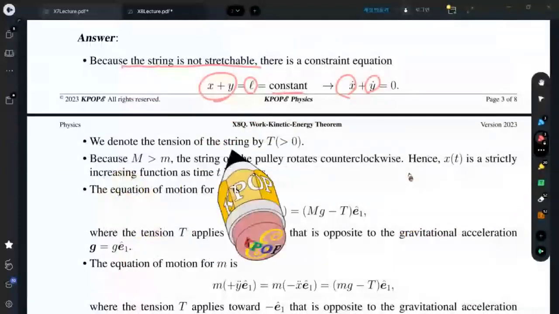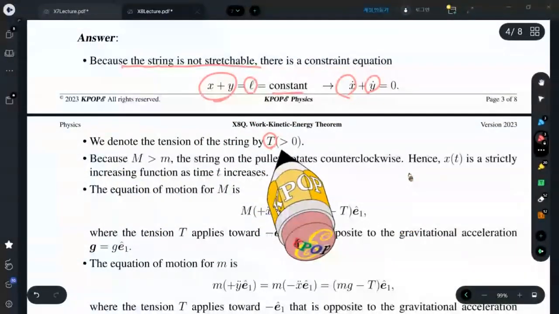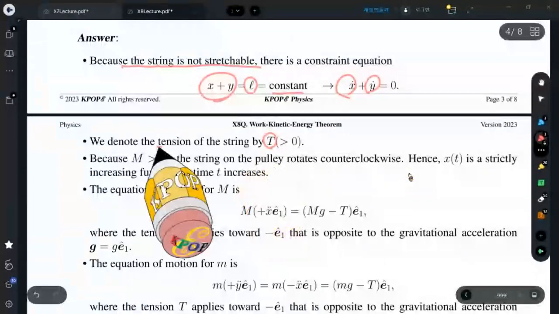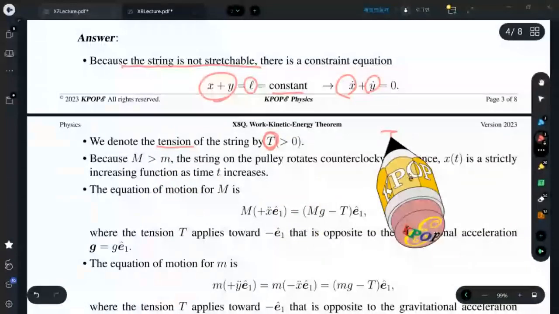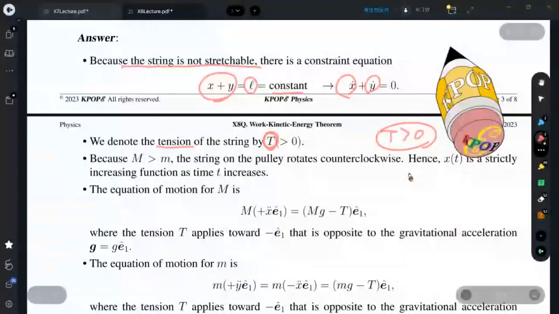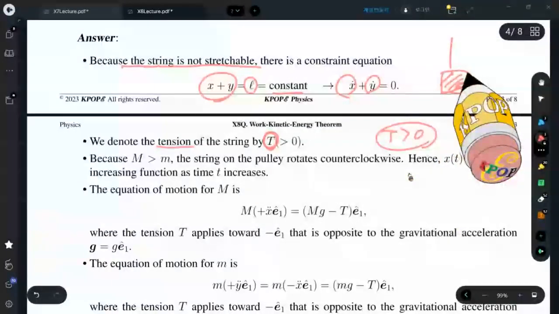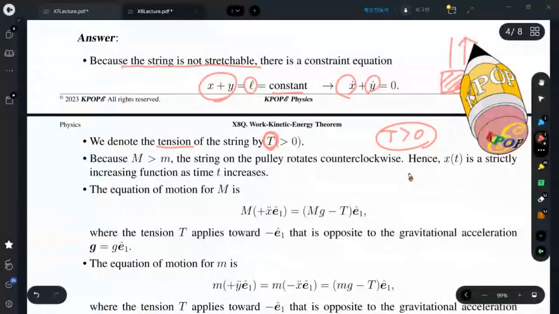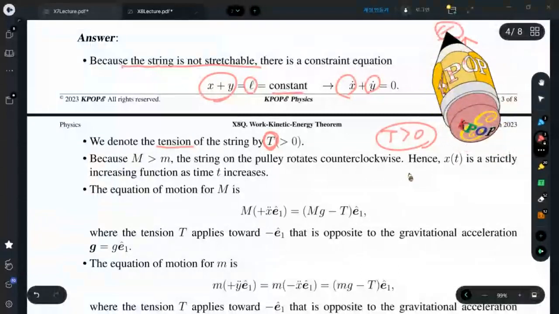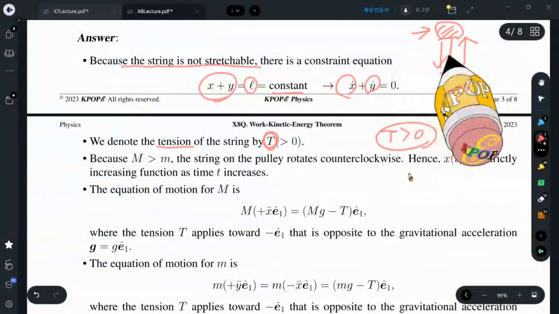We denote the tension of the string by capital T. I told you many times, if you write tension, this tension is always positive definite. And depending on the situation, if you consider the motion of this object, the tension is going up. And if you want to describe the motion of this object, the tension is opposite.